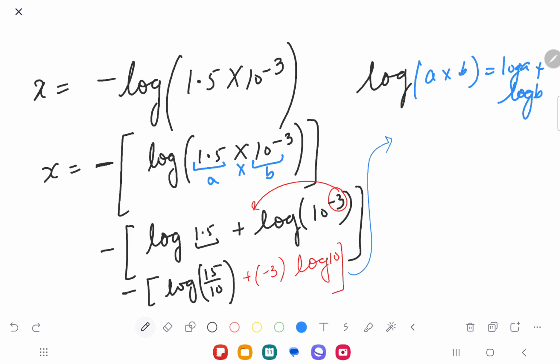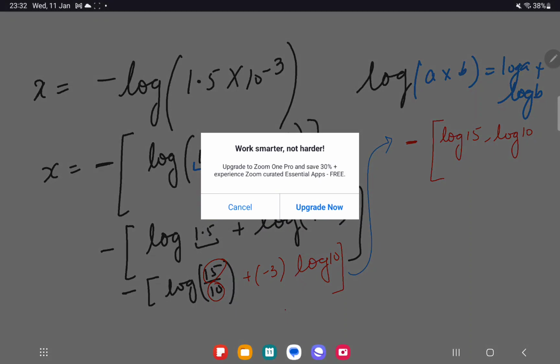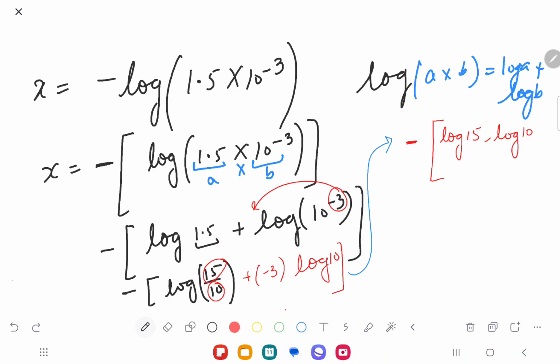So here my answer shall become minus, which remains on the outside. What is log a over b? Log a minus log b. So log 15 minus log 10, and then there is minus 3 log 10.